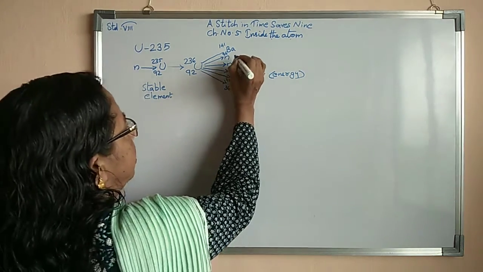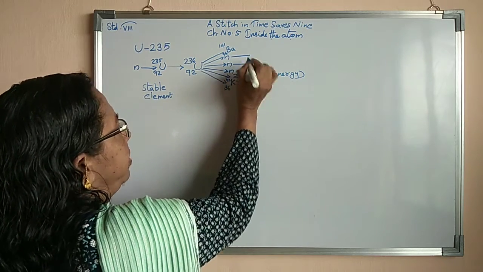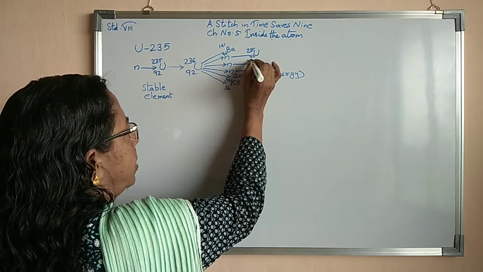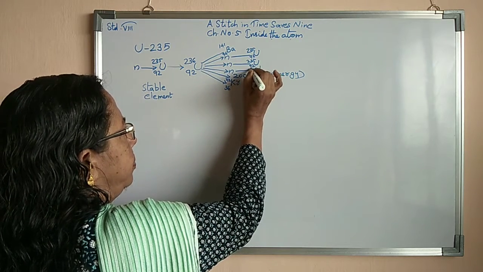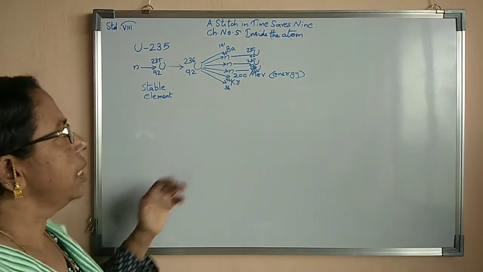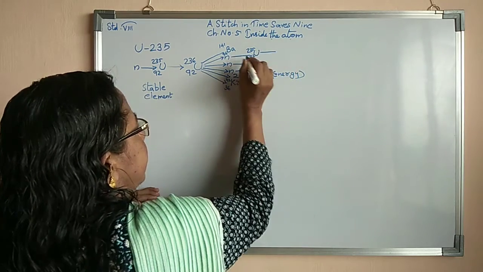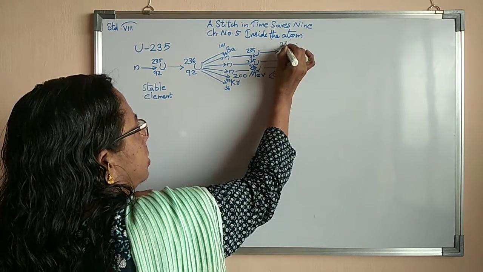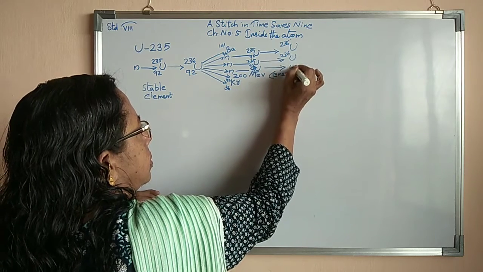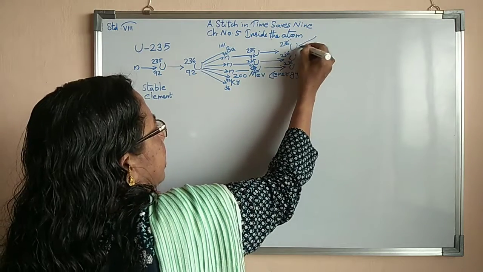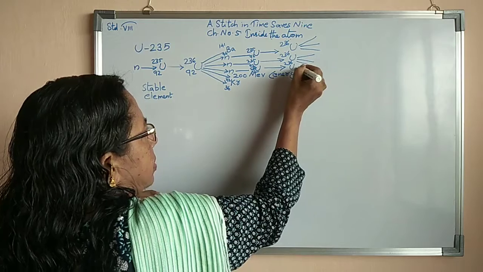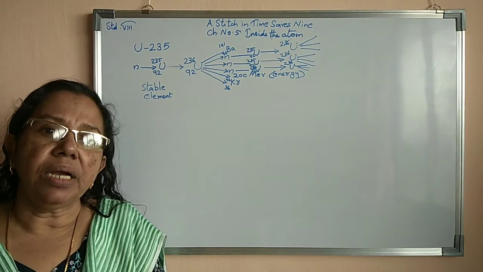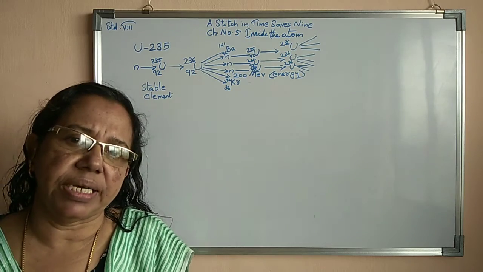Again, these neutrons are allowed to bombard other uranium-235, which transforms to uranium-236, forming 3 neutrons, barium, krypton, and 200 mega electron volts of energy.